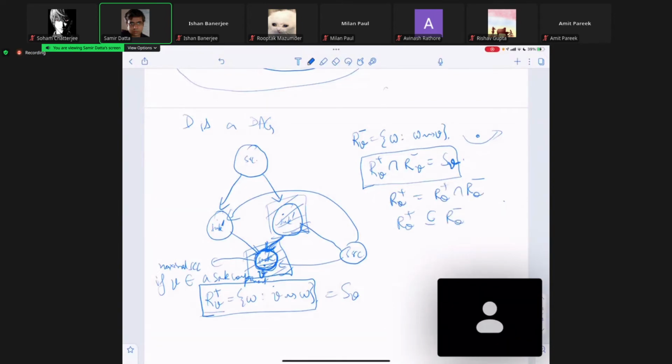So that is a naive way to determine such a V. You compute RV plus, RV minus, and check whether RV plus is contained in RV minus, correct? Is this criterion correct? Yes, sir.